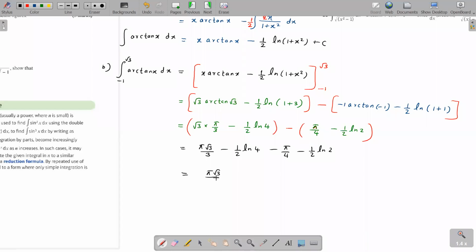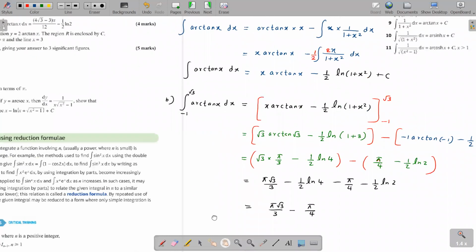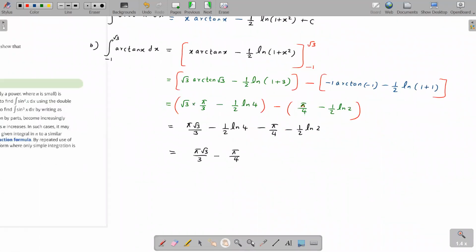Pi √3 over 3 minus pi over 4. I think they show that we had ln 2, right? There were no ln 4s. So how do I deal with the ln 4 I have here? Ln 4 is 2 to the power 2. Then I have minus half ln 2 here.